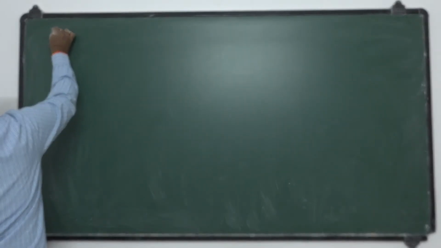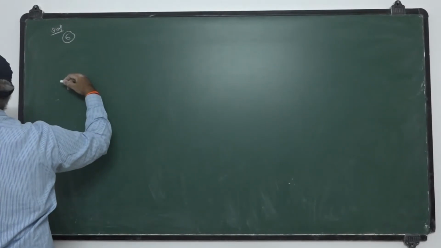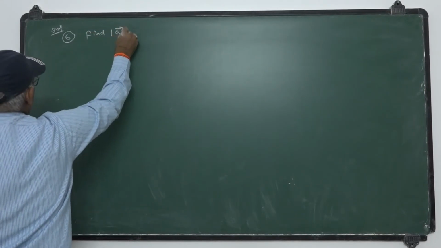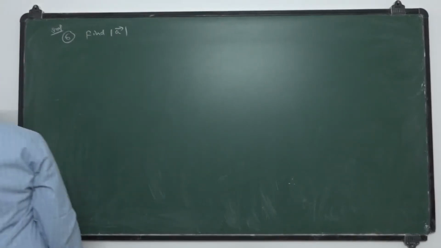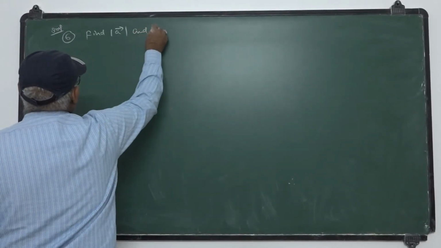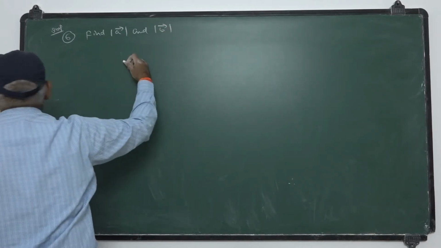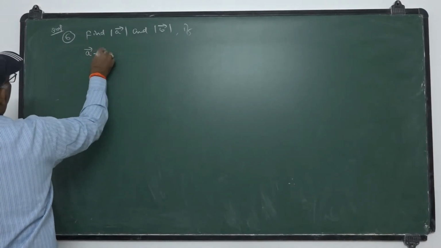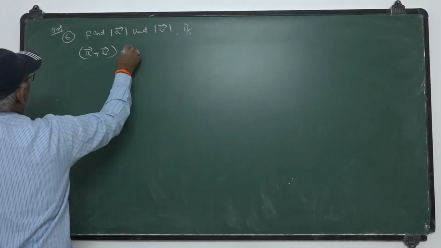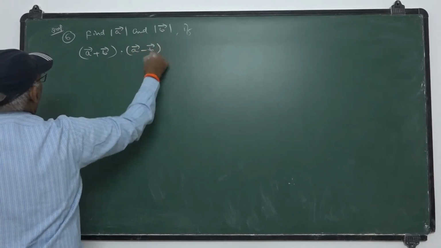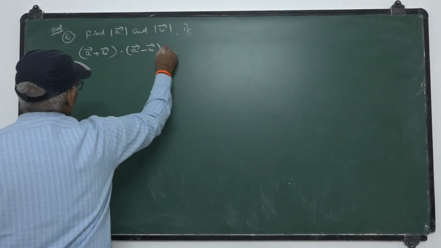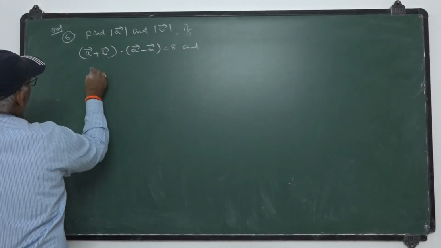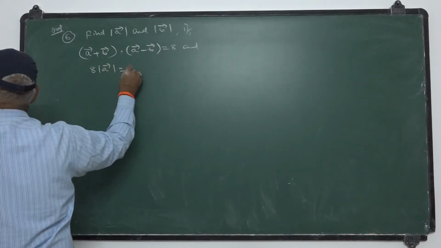Sixth bit, this is one important one. You can expect such problems in the board exam. Find modulus of A bar and modulus of B bar if A bar plus B bar dot A bar minus B bar equal to 8 and given 8 times modulus of A bar equal to modulus of B bar.